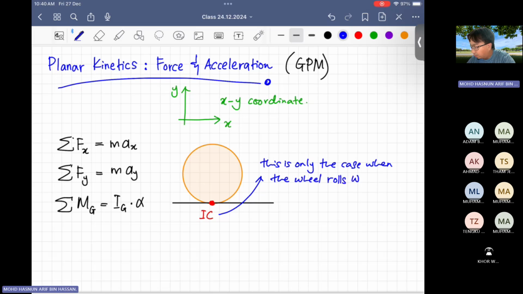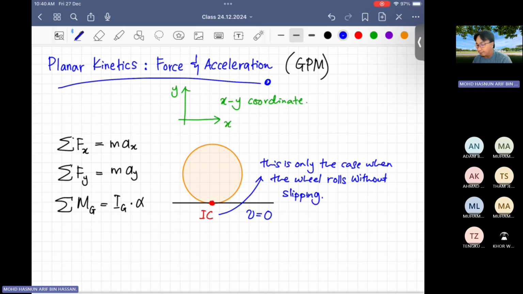If the wheel rolls without slipping, then the contact point between the wheel and the ground has zero velocity, which means that in this particular location, V of that point is equal to 0. So that point is called the instantaneous center of zero velocity, IC.